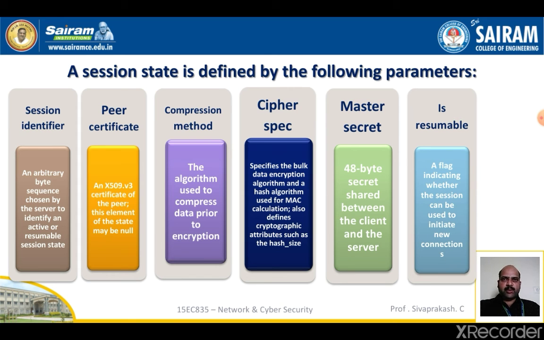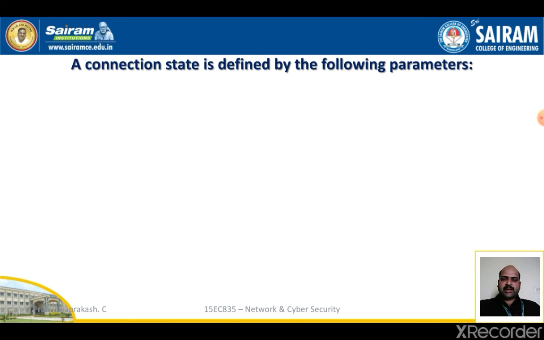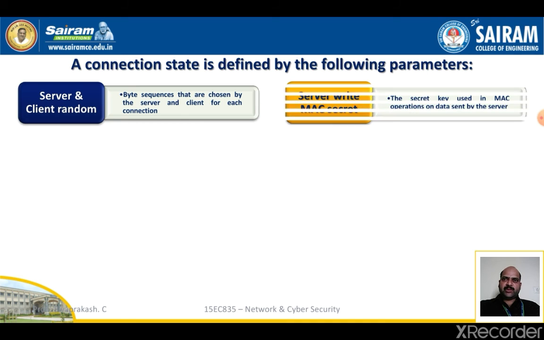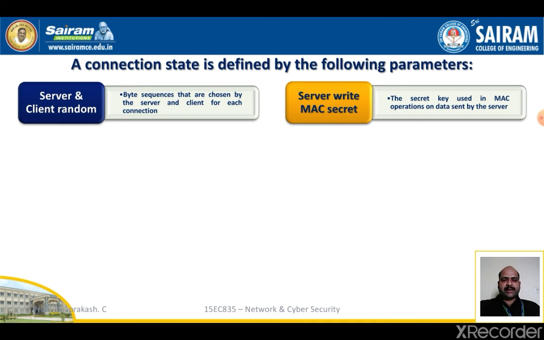Let's see the connection state, which consists of the following parameters. The first one is the server and client random, which are byte sequences chosen by the server and client for each connection. Next is the server write MAC secret, the secret key used in MAC operations on data sent by the server.